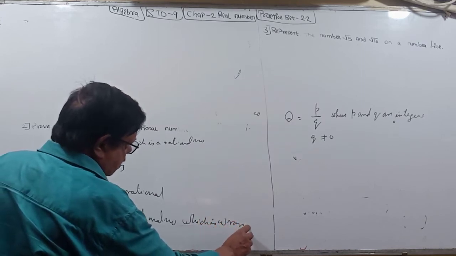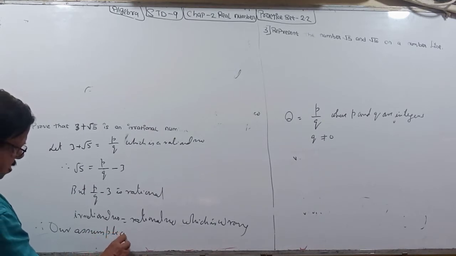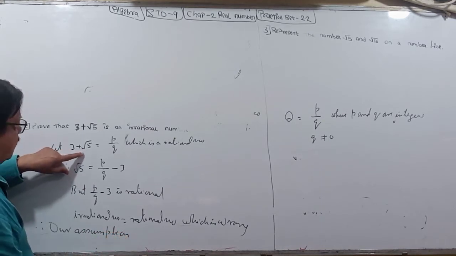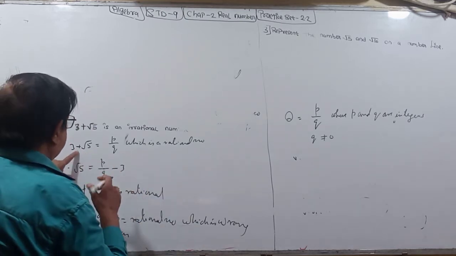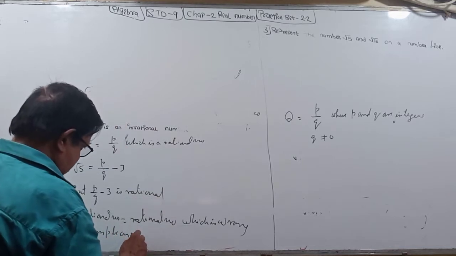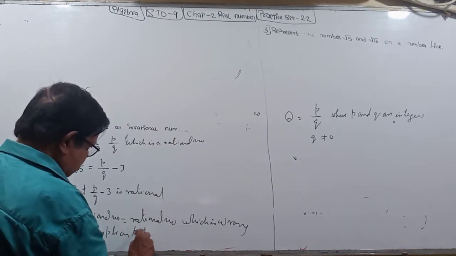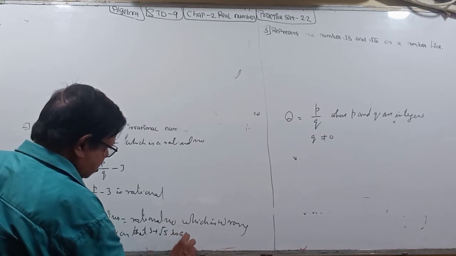Which is wrong. Therefore, our assumption is wrong. What is the assumption? That 3 plus root 5 is a rational number.